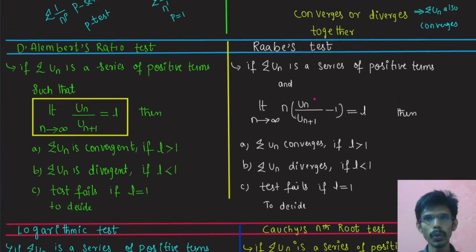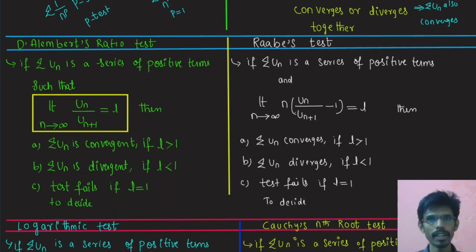Now we move on to the third test, that is D'Alembert's ratio test. Here sigma un is a series of positive terms.